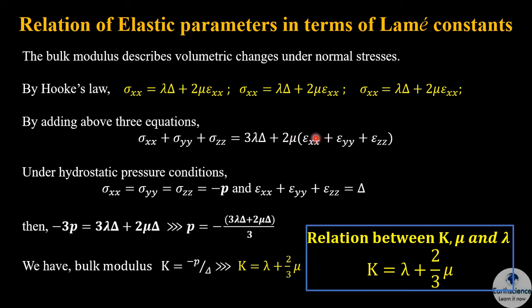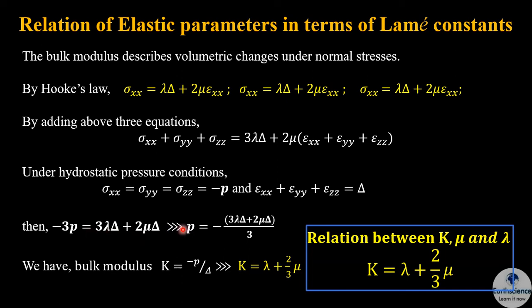And this is nothing but the dilatation. We have discussed it earlier. Under hydrostatic pressure, the normal stresses are equal to minus the pressure, the negative sign because the pressure is applied in the opposite direction to the normal. If we substitute these two values, we get minus 3p equal to 3 lambda delta plus 2 mu delta.